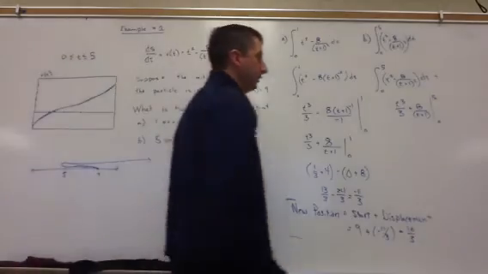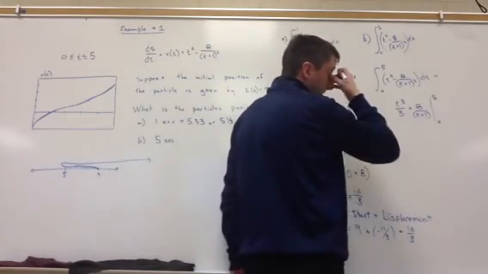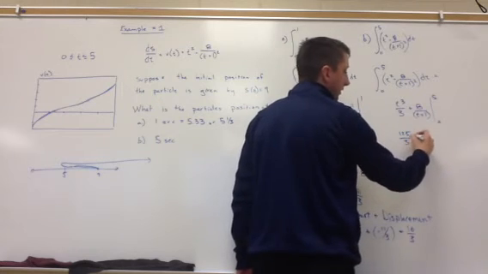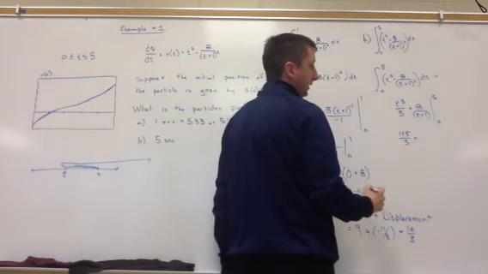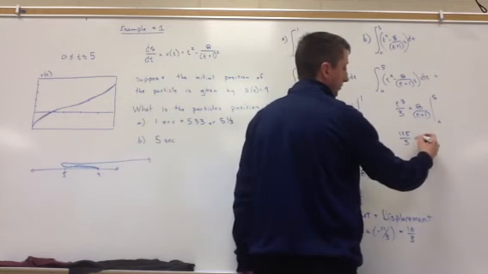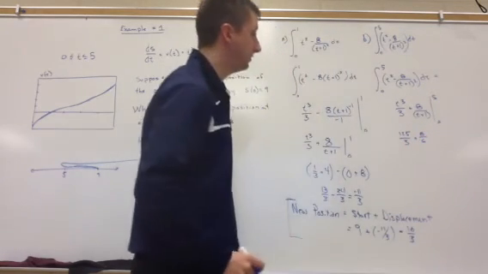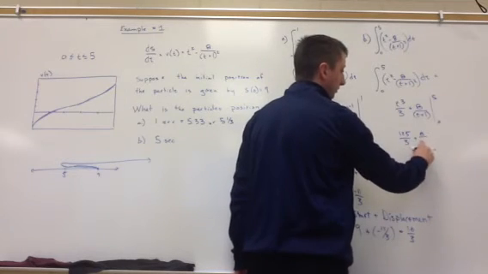Go ahead and plug my bounds in. 5 to the third is 125 over 3 plus 8/6, which reduces down to 4/3. Oh, good.